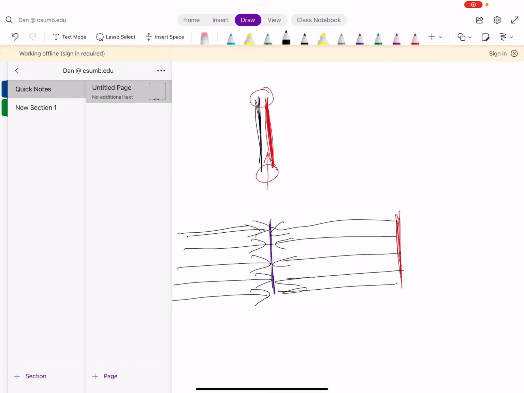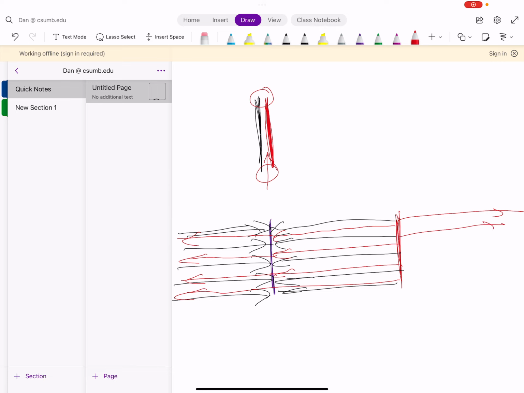The positive charge, on the other hand, has electric field lines that are pointed away from it. It goes on forever, by the way. And of course, the negative charge still has field lines over here that are going towards it.